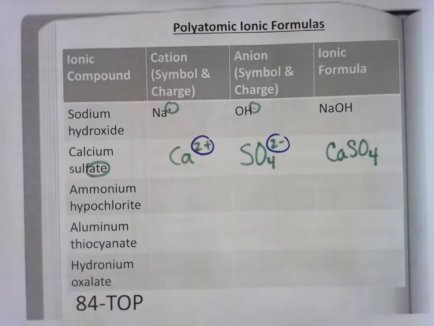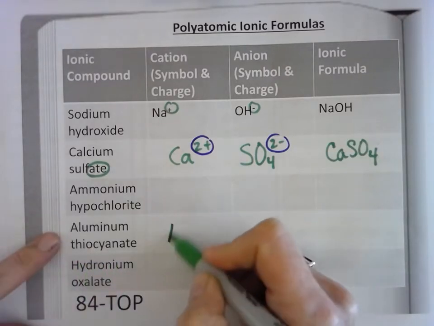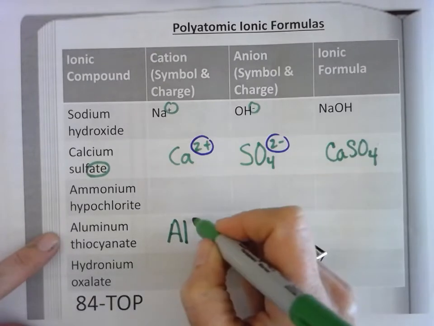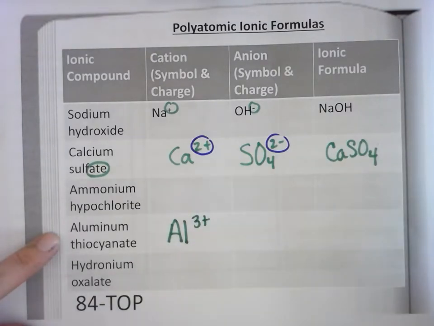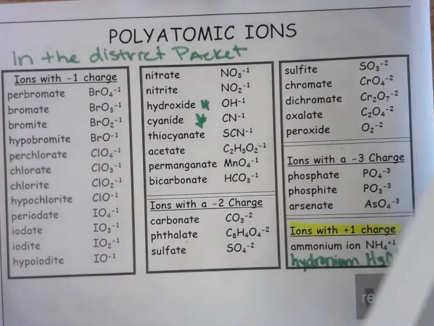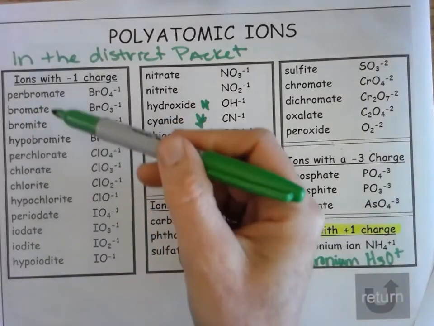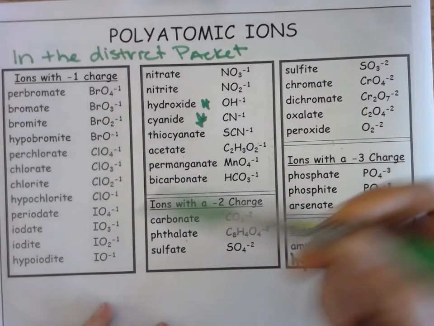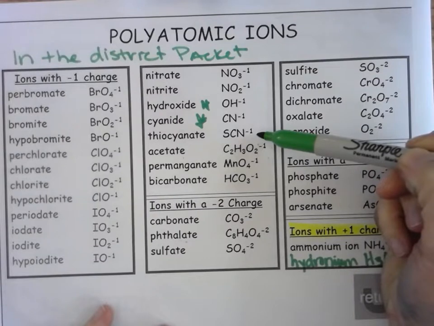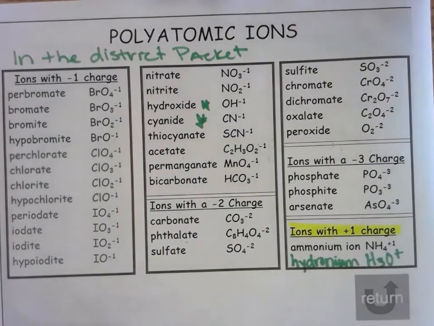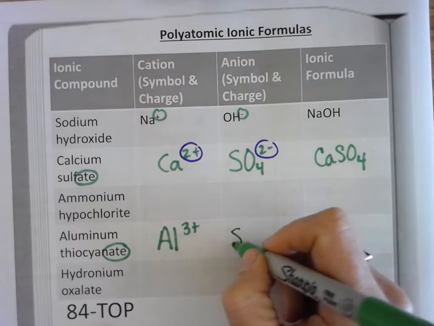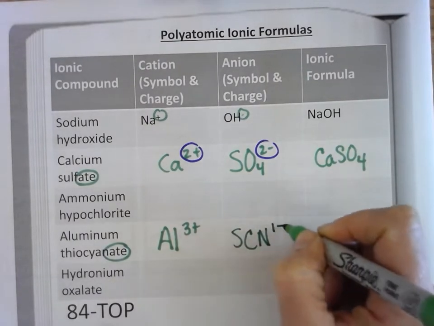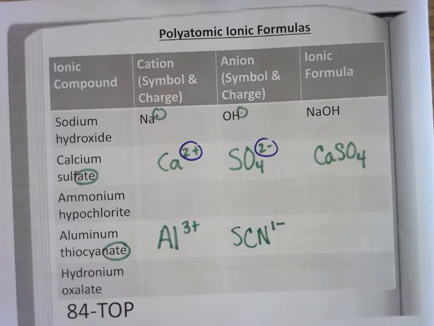The next one that I'm going to do is aluminum thiocyanate. So aluminum is a metal. It's in group 3A, so it's a 3+ charge. Thiocyanate, that ending is what tells you to come look at this chart. So you have to scan through the list, and here it is right here, thiocyanate, SCN -1. Our charges are not equal in quantity.